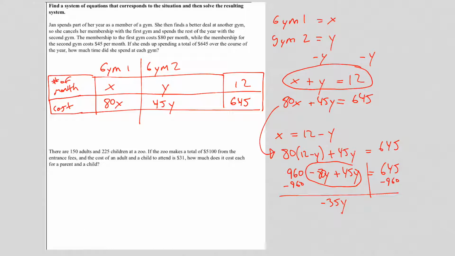You're going to get negative 315 and then divide both sides by negative 35. You get y is equal to 9. So if Gym 1 is 9 months, Gym 2 is 3 months.